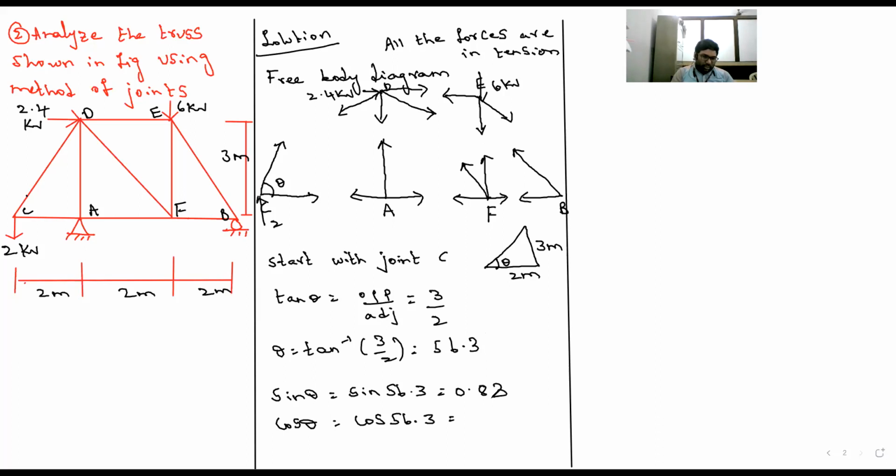Cos 56.3 is 0.55. Now once we get the sine theta and cos theta, our process becomes very simple. And here we have one more theta in this direction also. This theta is again the same, 3 by 2.